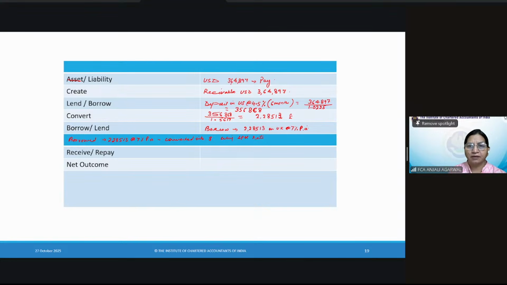So this became 228,513 into 1.5617, which will give me 356,868 and invested dollar 356,868 in US at 4.5% per annum interest for 6 months. So this is what I have done as a money market hedge.